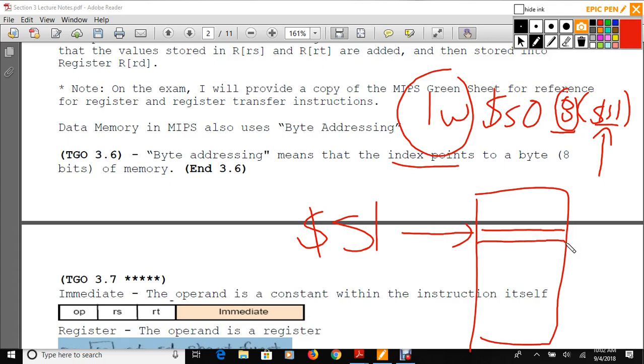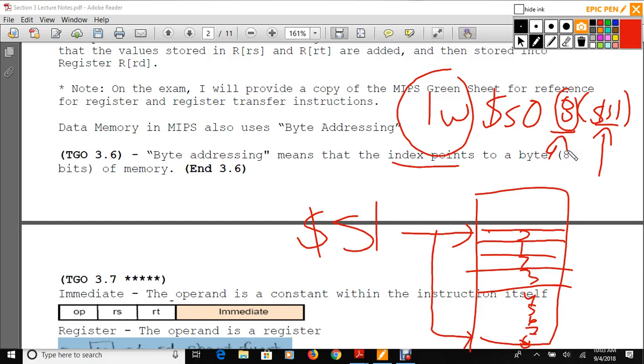If it's byte addressing, I grab 4 bytes to create the 32-bit value that I need. Does that make sense? So this would be 0, 1, 2, 3, 4, 5, 6, 7, and then the 8th one is down here. So I add 8, I start at 8. The number that's going to be in here is going to be some multiple of 4.